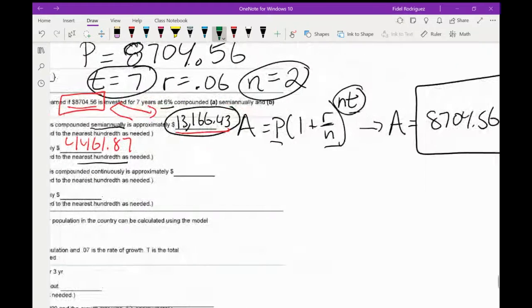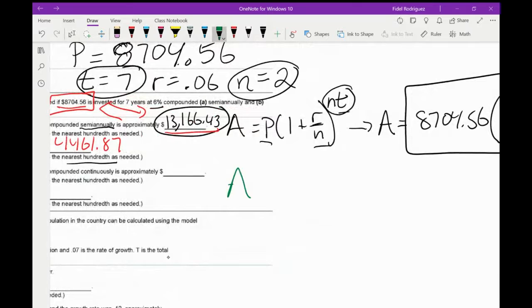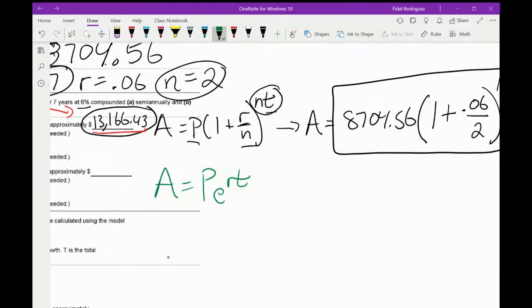So for part B, y'all, I'm going to use the second formula. The second formula is this one right here, the Pert formula, right? Because it looks like it's saying Pert. And so the way I'm going to do this part is my P is still the 8704.56. The E is just like the E that we did in problem number 41.